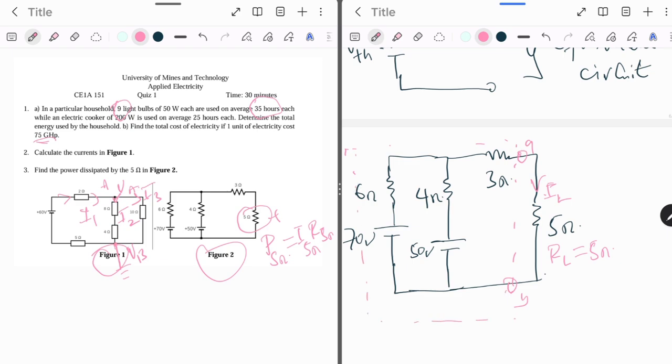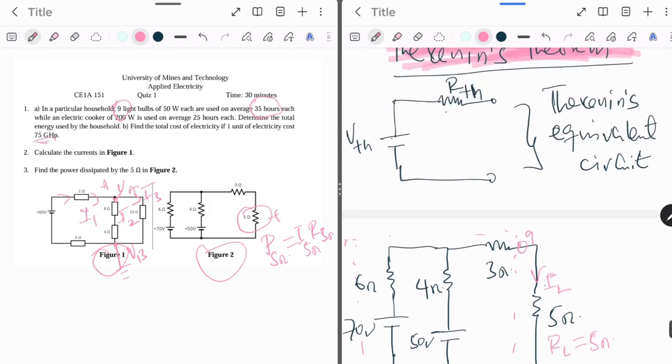In applying Thevenin's theorem, the no-load part is the part I'm going to convert to just a simple voltage in series with a resistor.